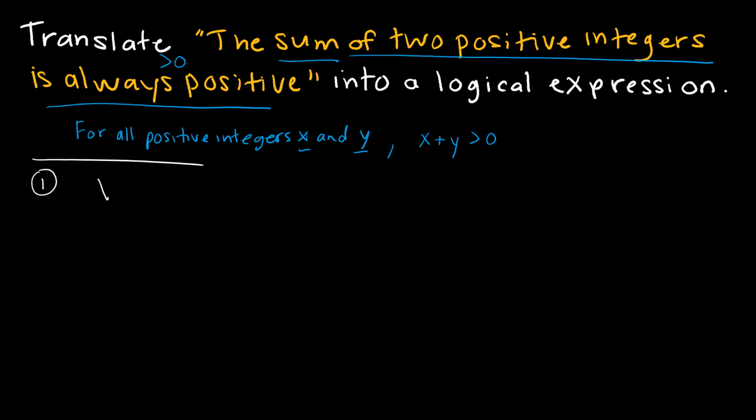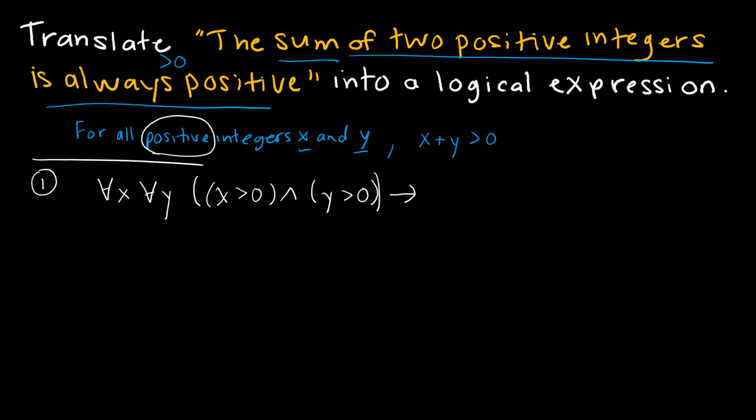I can say, for all x and for all y, if x is greater than 0 and y is greater than 0, again, that's giving me the positive part of this, then x plus y is greater than 0. So this is one way I can do this.